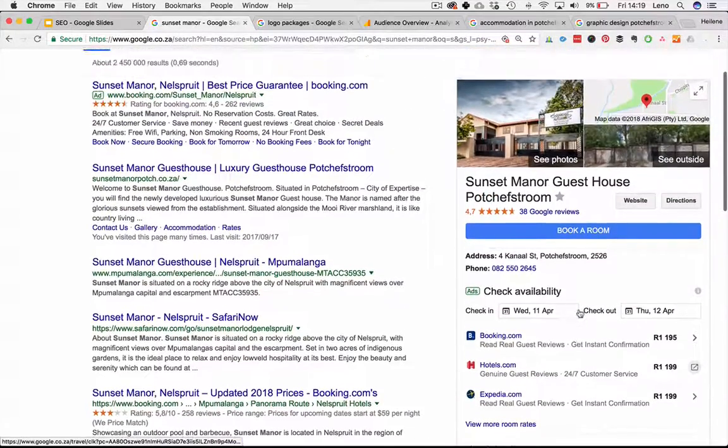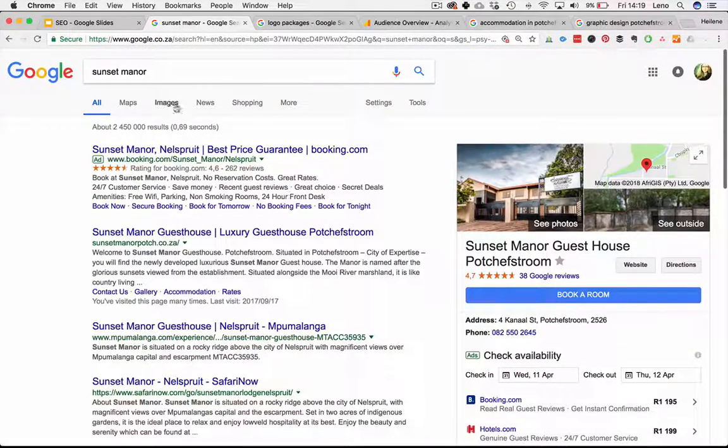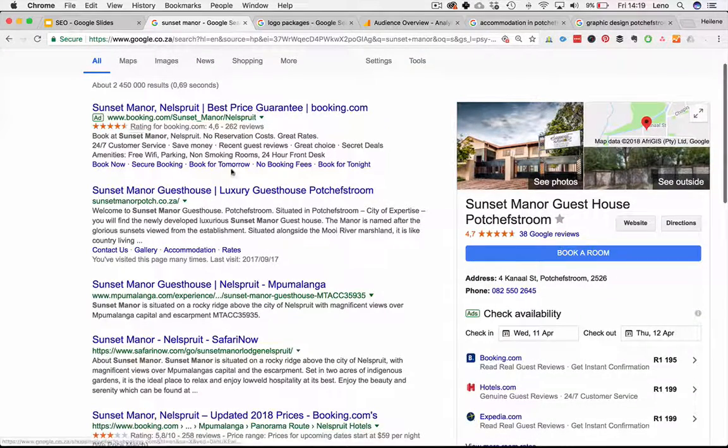What you also see is one of their advertisements. So this company is advertising on booking.com, or is utilizing booking.com. But I think this is a different Sunset Manor that is in Nelspruit.